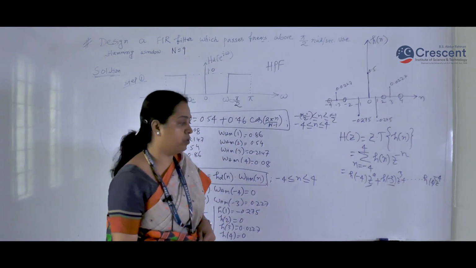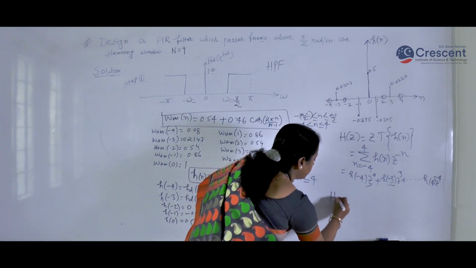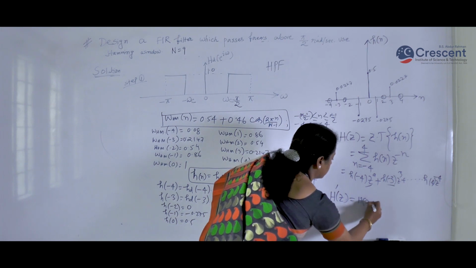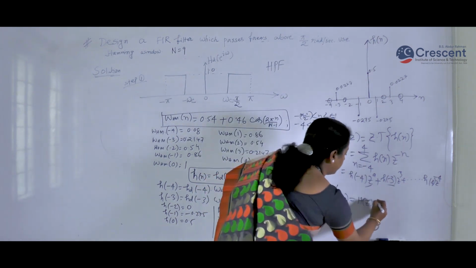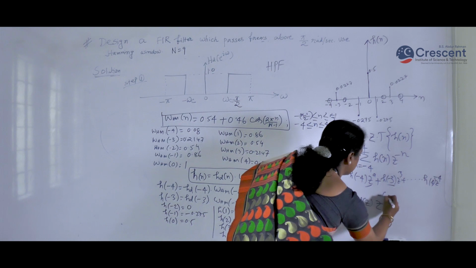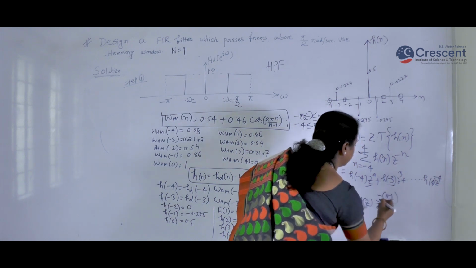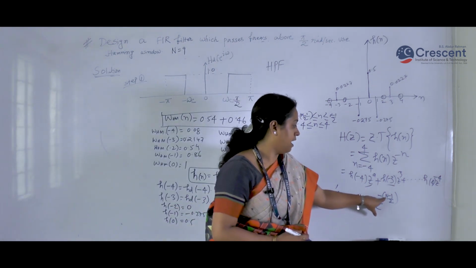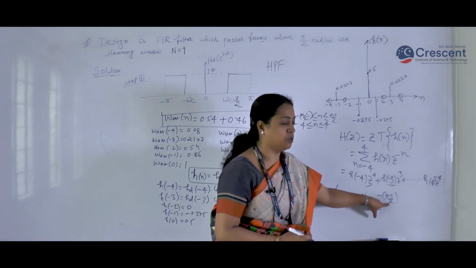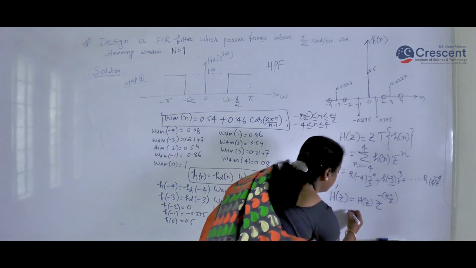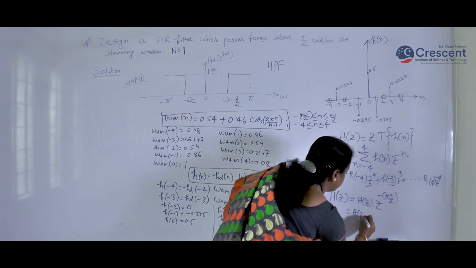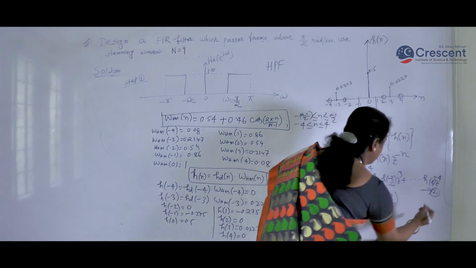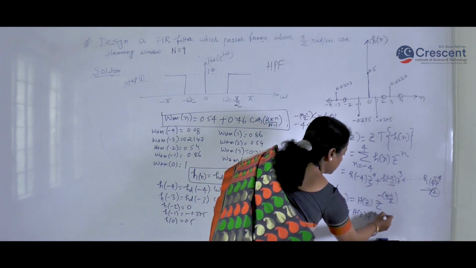So this H(z) should be multiplied with z power -(n-1)/2. What is our n here? N equal to 9, so (9-1)/2 is 4, that is z power -4. So this H(z) should be multiplied by z power -4. Let us give this expression as 2, and now this expression is 3.